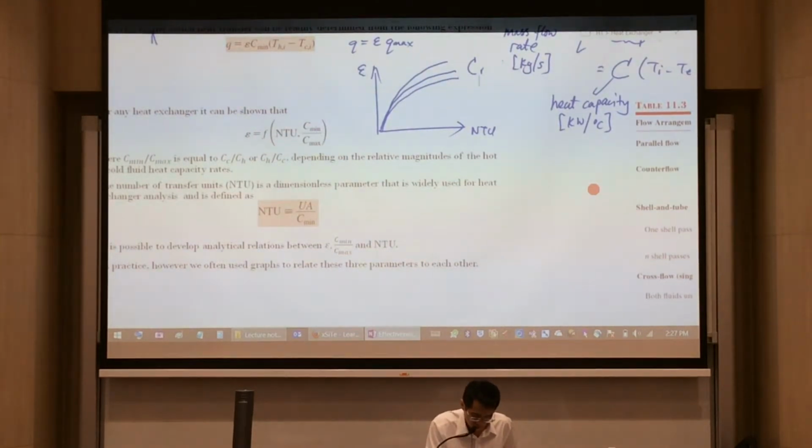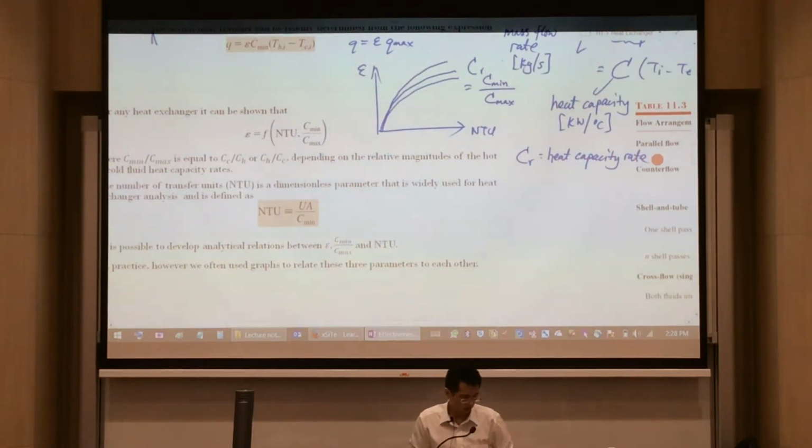So it is actually this kind of graph that we'll be dealing with. You could see that effectiveness is a function of NTU, and this CR here is actually equal to C min divided by C max. And CR is actually called your heat capacity ratio.